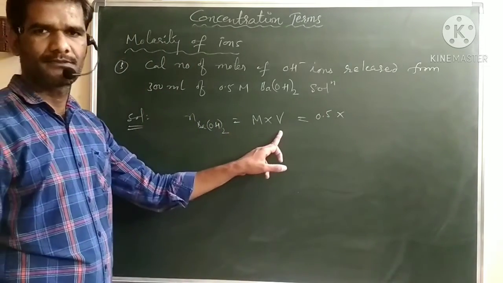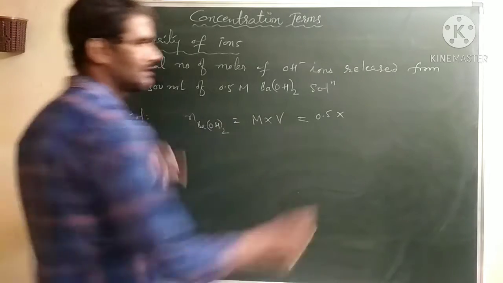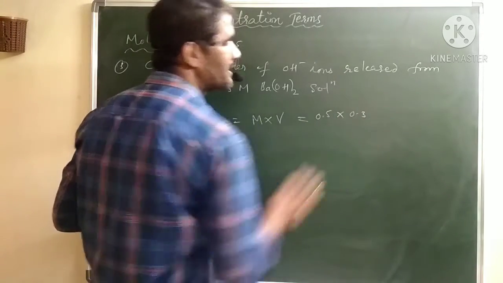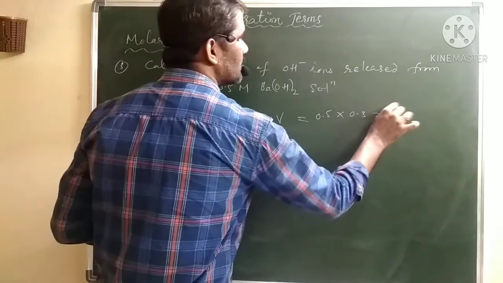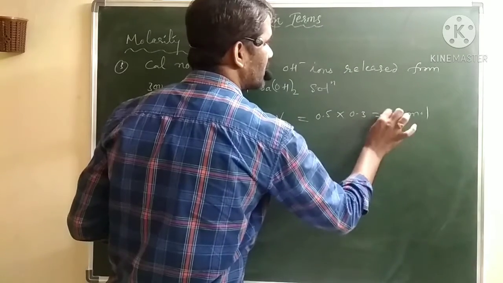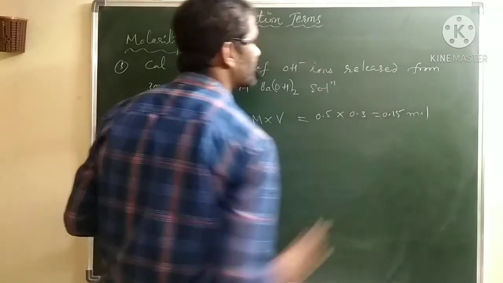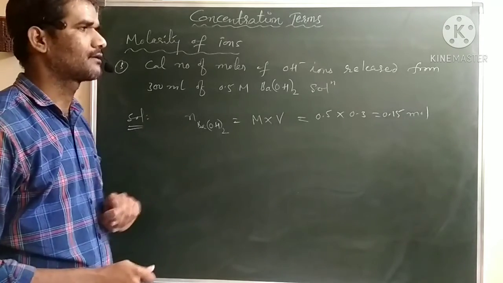Here volume is in terms of liters. This is given as 300 ml. If we convert it into liters, you will get 0.3 liters. So that overall will give 0.15 moles of barium hydroxide.